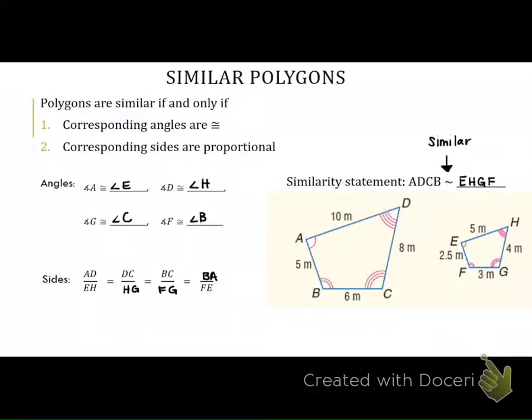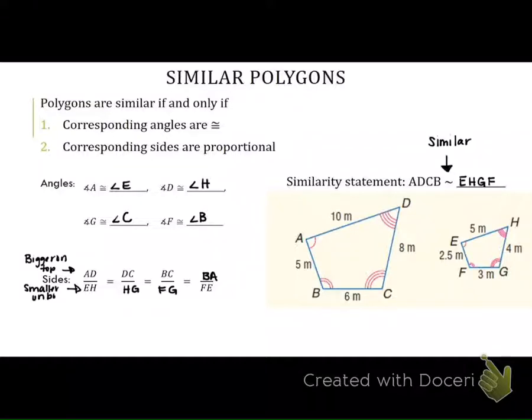So you'll notice the bigger polygons are all on top. It doesn't really matter which one's on top or which one's on bottom. Just don't mix and match. And the smallers are all on bottom. The point is that if you start with one of the polygons, like if you start with your first polygon in the numerator, all of its pieces need to be in the numerator, okay? If you start with the smaller pieces all in the numerator, they all need to stay in the numerator.